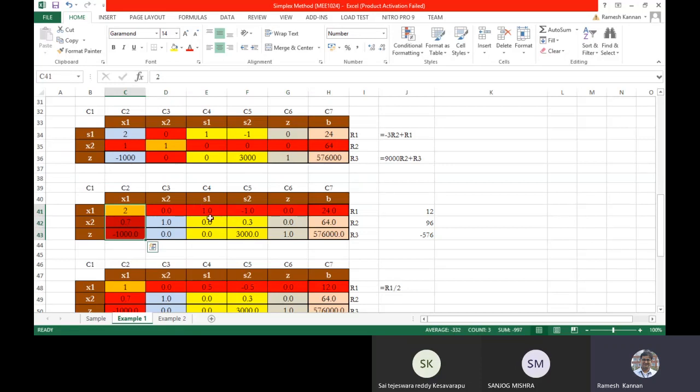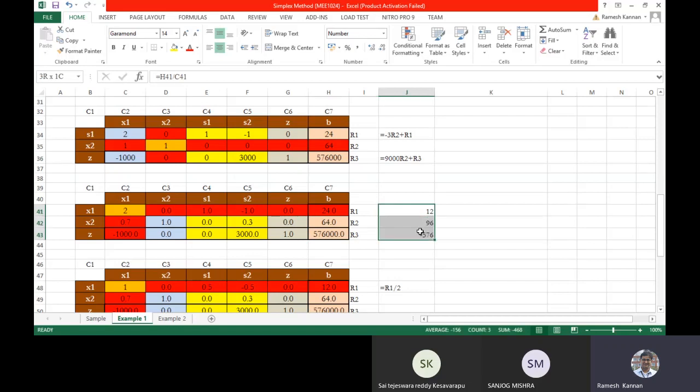Next is finding the key row. How do we find the key row? By dividing the B value by the key column value. In this case, the key column is x1. So 24 divided by 2 gives us 12, 64 divided by 0.7 gives us 96, and 5,76,000 divided by minus 1,000 gives us minus 576.